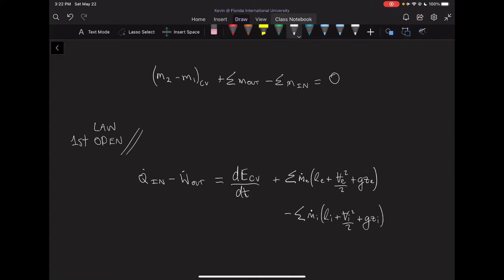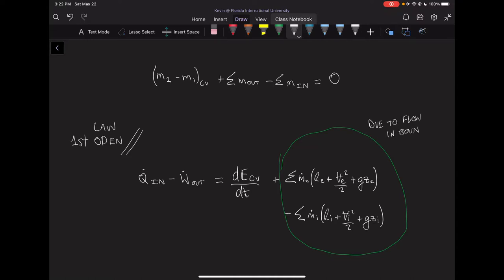We can break down this equation: these two terms here are due to flow at the boundary, just like in our steady system.